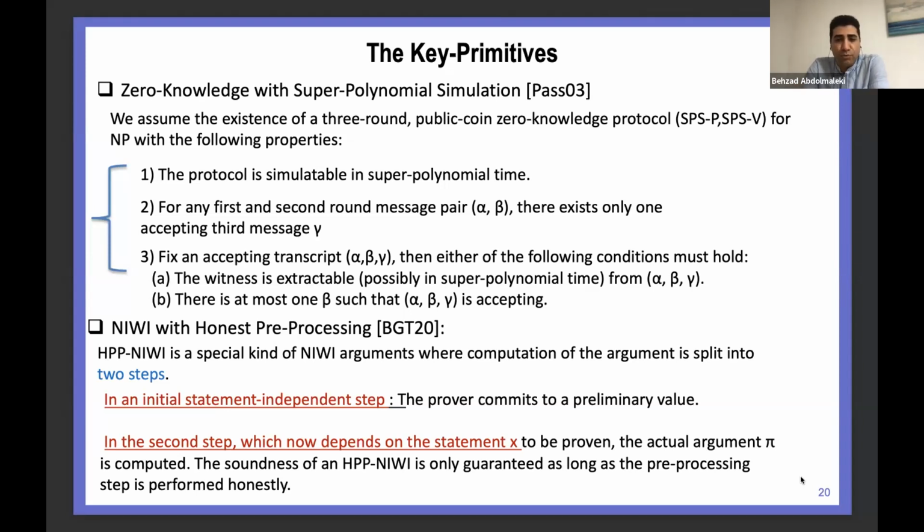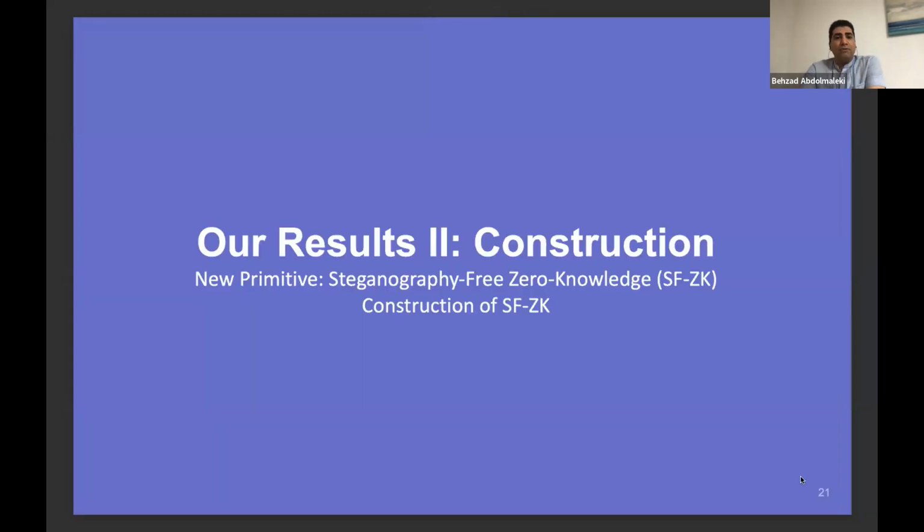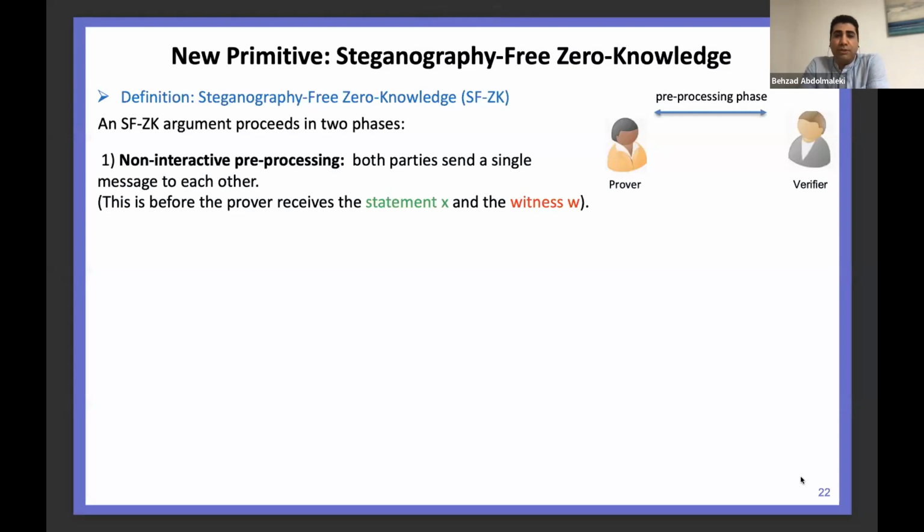In the second step, the prover is given a witness and a statement to compute the real proof for the protocol. And we assume that soundness holds as long as the first step is done honestly. And after that, now we can define the new primitive, which is called steganography-free zero knowledge.